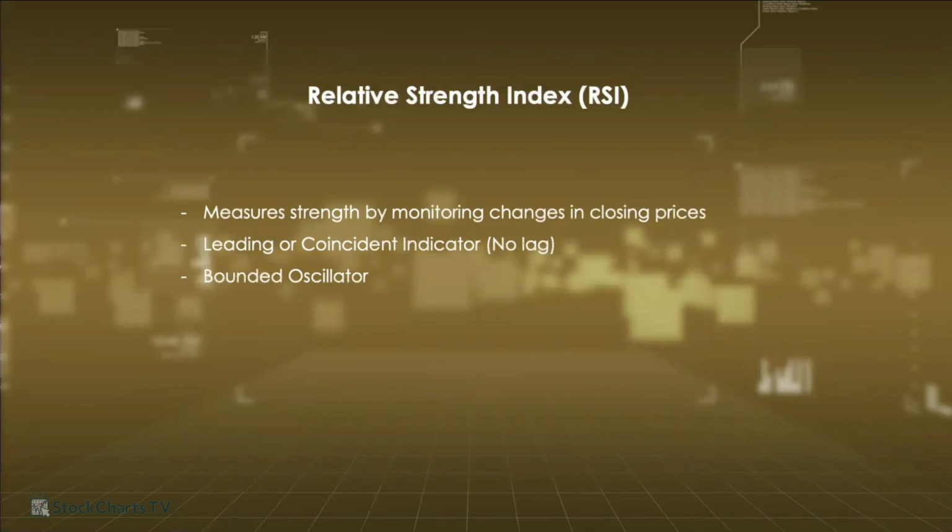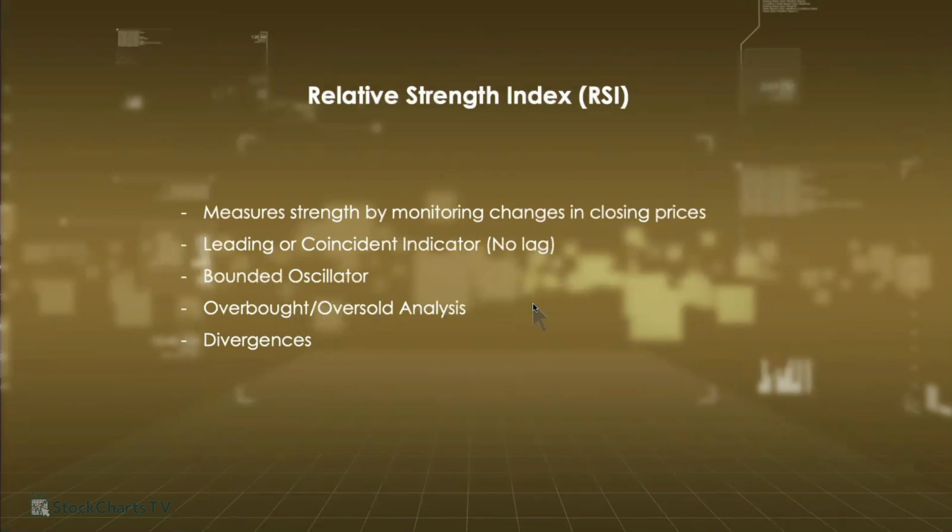You could make a comparison of one RSI to another RSI, but it's really focused on what's happening with that particular stock. Being bounded is important because you want to be able to look at overbought versus oversold, and if your indicator is not bounded, you can't really do that. There you go for overbought and oversold analysis.